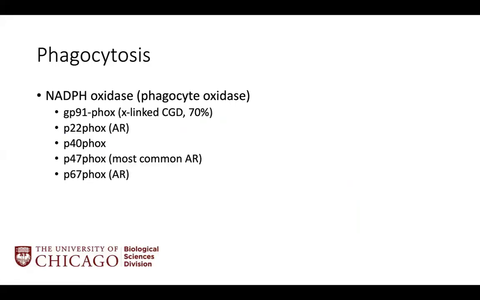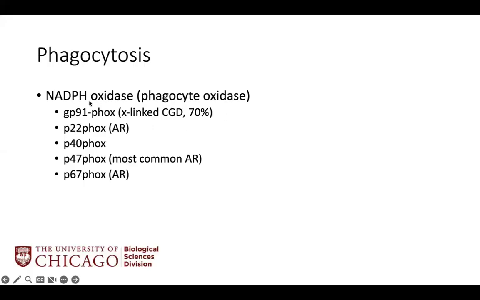If this cannot happen, then you have chronic granulomatous disease. If you have an impairment of that phagocyte oxidase, also called NADPH oxidase, you have a mutation in one of the components of that whole complex. Each of these, GP91, P22, P40, P47, P67, four of these have been linked to chronic granulomatous disease. 70% is X-linked.